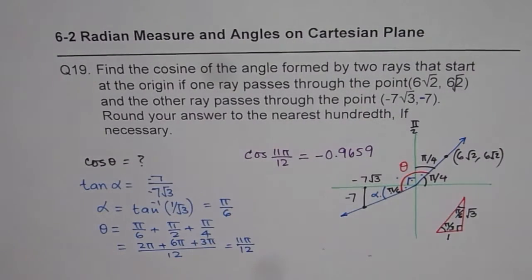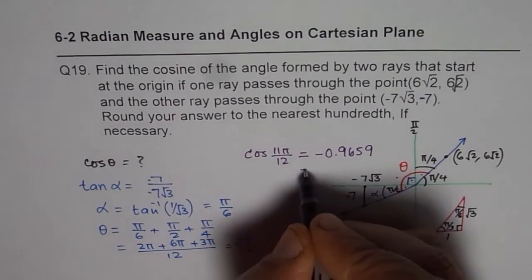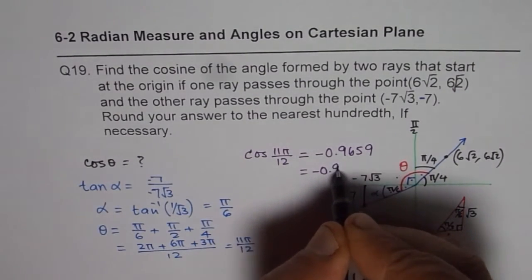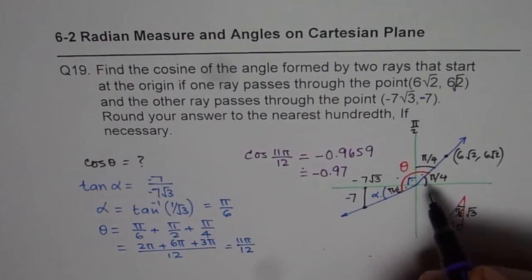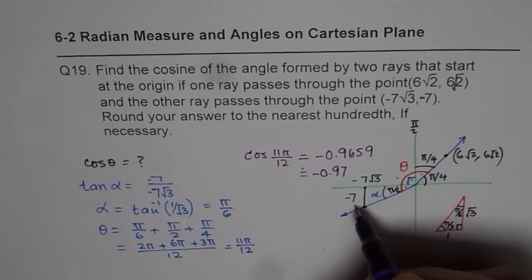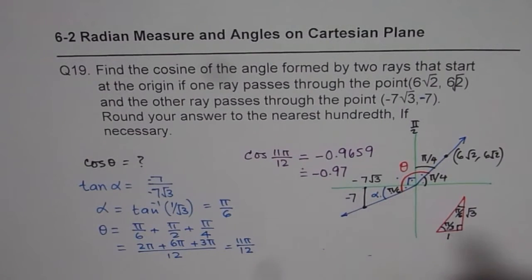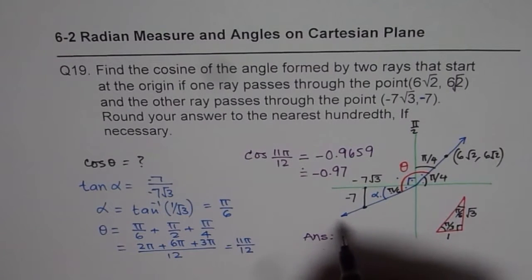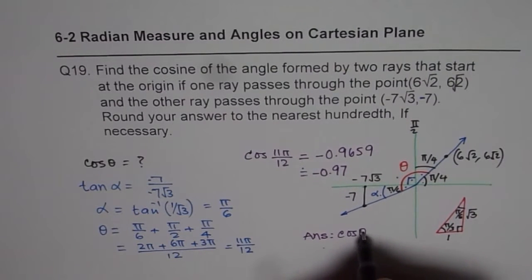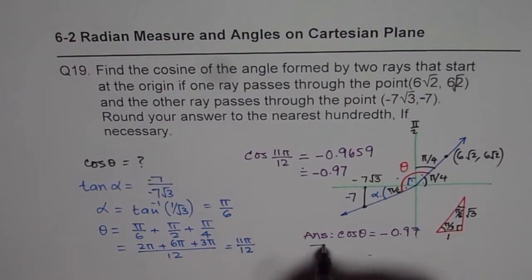Since we have to round our answer to the nearest hundredth, we can write this as minus 0.97. So the cosine of the angle formed by these two rays is minus 0.97, right? So our answer is cosine of theta equals minus 0.97.